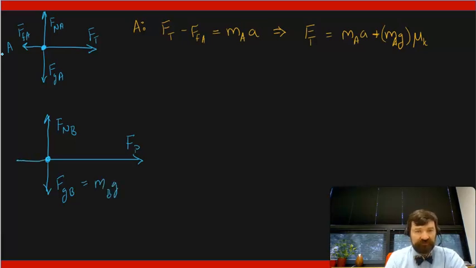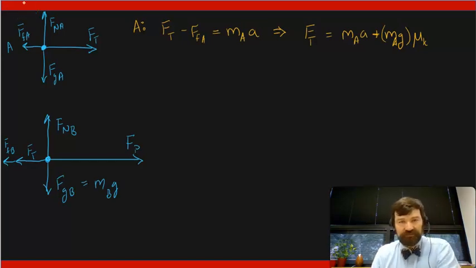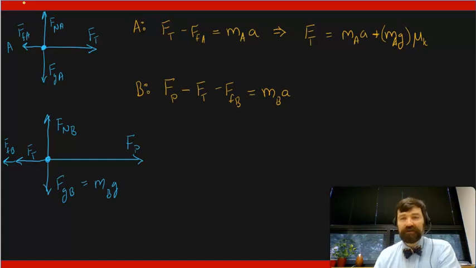And then we have tension as well as friction, force of friction on B. So if we set up the set of forces for B, what you end up with is pulling force minus tension minus friction for B is equal to m_B times the acceleration.